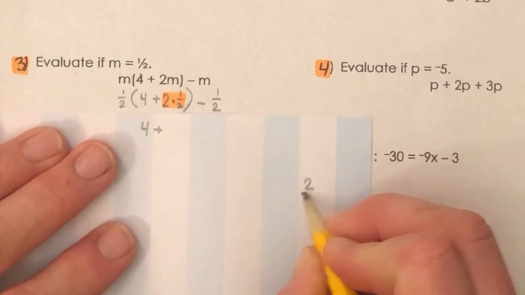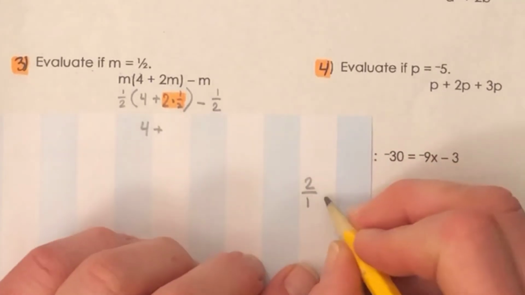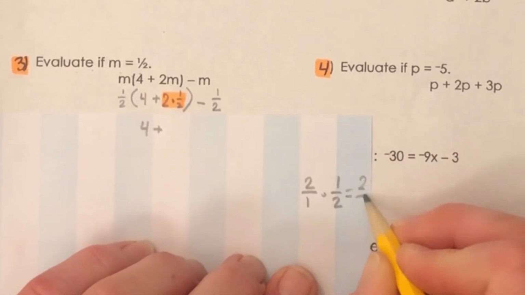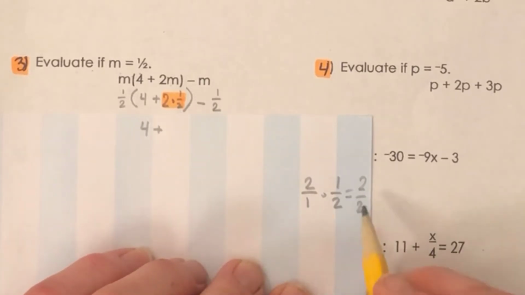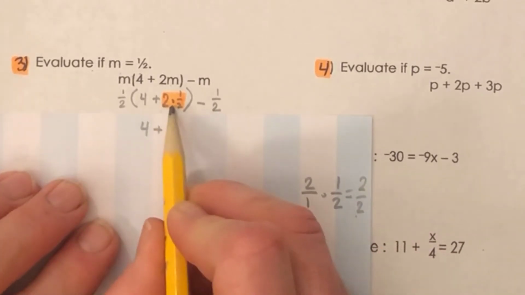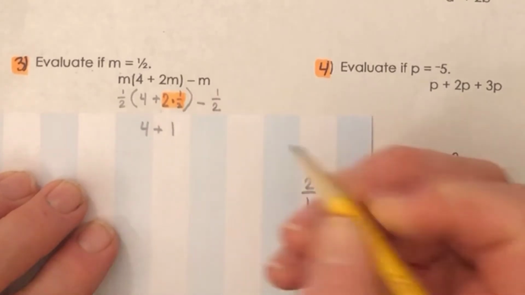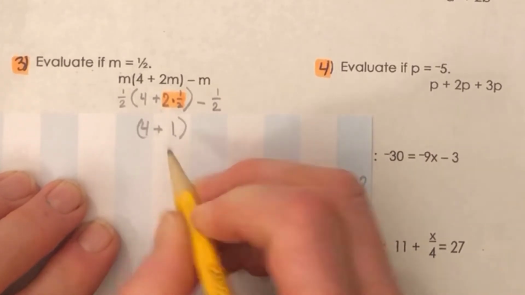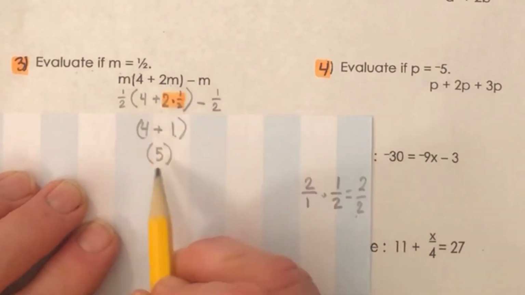Well, 2 over 1 times 1/2 equals 2 over 2, which is 1. That makes 1 whole. So 2 times 1/2 is 1. Four plus 1 is 5. So what's inside my parentheses is 5.